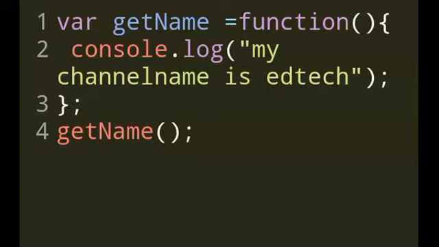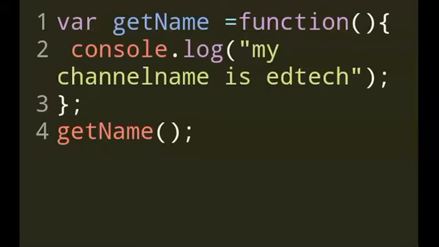So here what we find, this anonymous function is assigned to the variable getName. Then after that we console log, let's say for example, my channel name is edtech. Haha. I'm promoting my channel name through this tutorial. I'm just kidding.